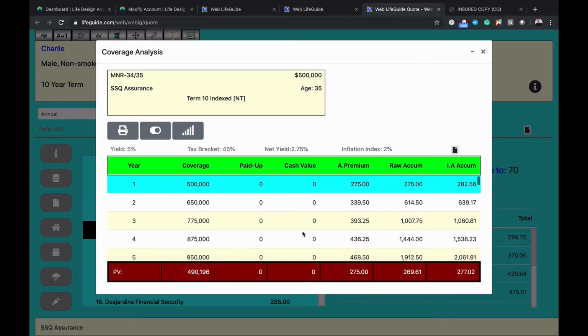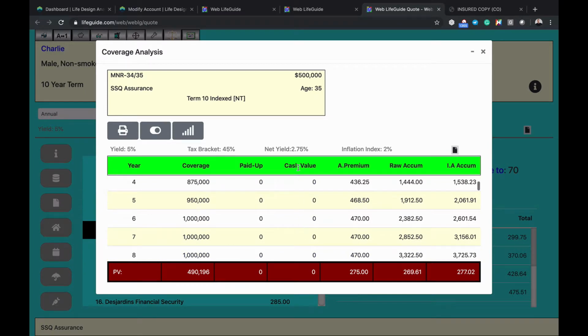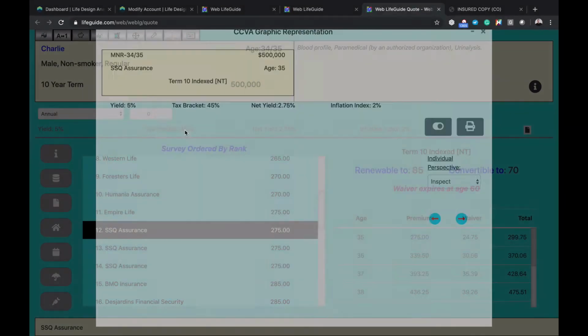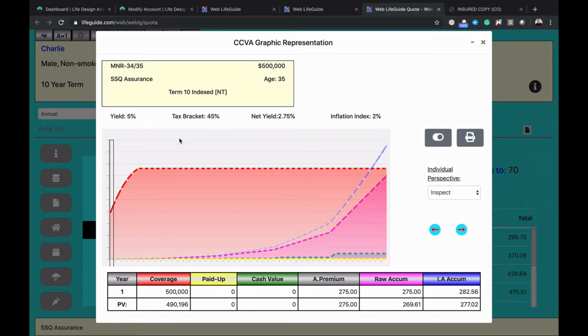If you now click on the icon, the third icon from the left, or the first from the right, there, that one, it will bring you a graph, and you can turn on or off any of the elements of the graph by just simply clicking on the headings.